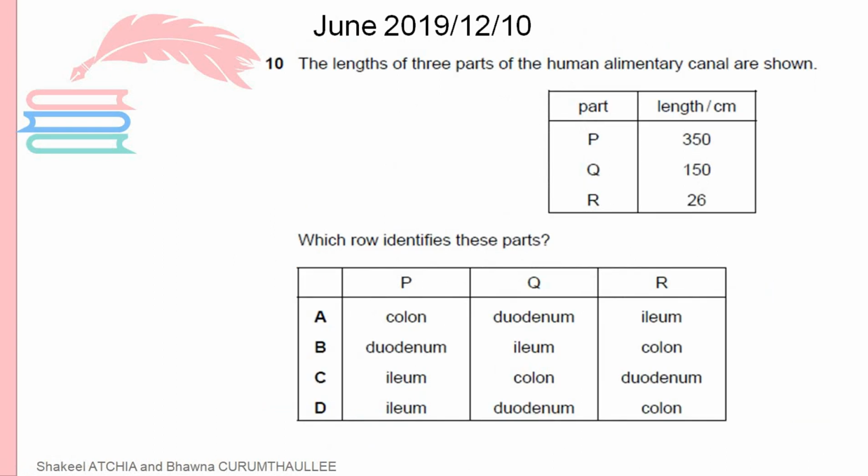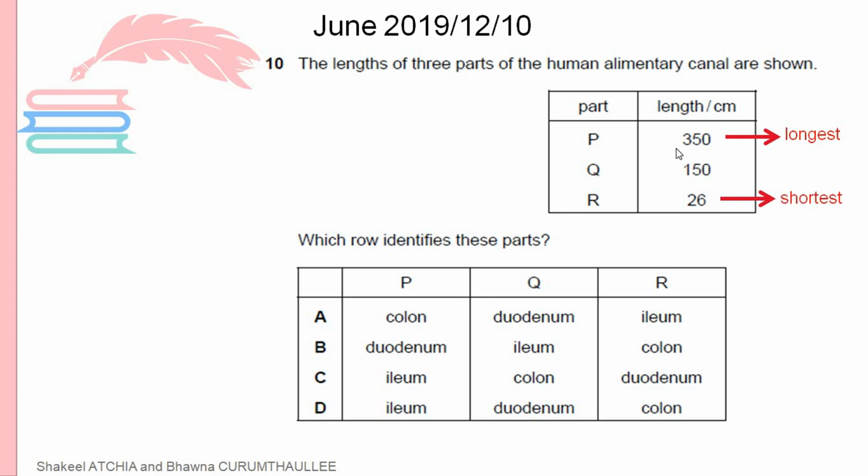A last multiple choice question taken from paper 1 from June 2019. You are given 3 letters with different length. You are asked to identify which organs are being represented by the letters used according to the length given. So P is the longest part of the alimentary canal and R is the shortest region.